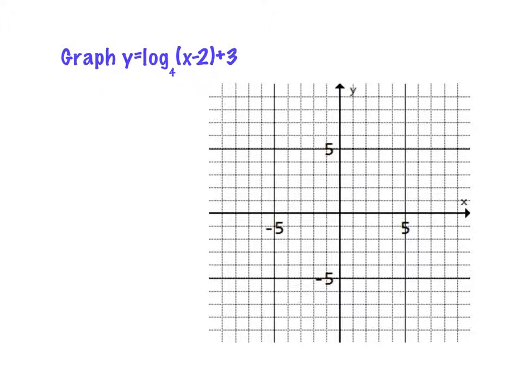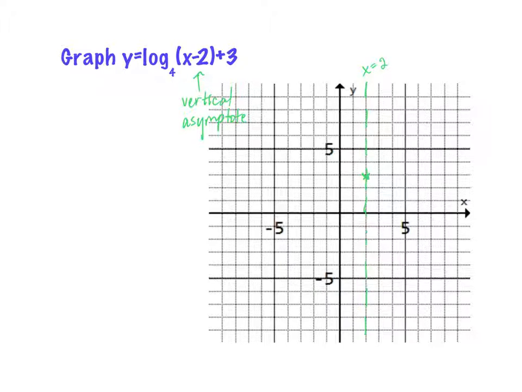So if we're looking at this process again, we're going to start here with a vertical asymptote. I'm going to put that asymptote at x equals 2. And I'm going to make an x at my HK point, so 2, 3.